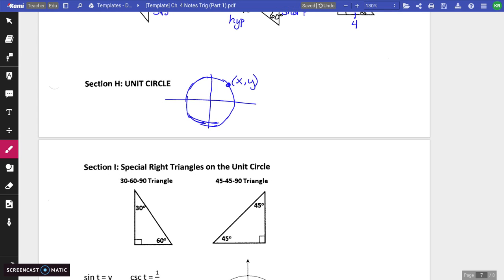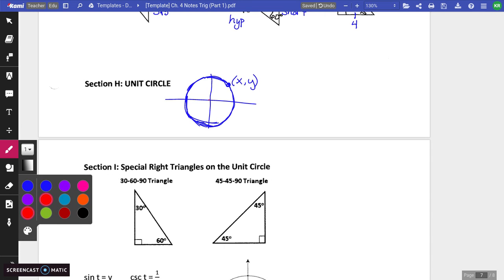Okay, so if you remember, and if you go back to the definition we used, sine being y over r, your unit circle is named the unit circle because the radius of the circle is 1 unit long. Okay, so your radius is 1. So your sine would be y over r, or y over 1 in this case.